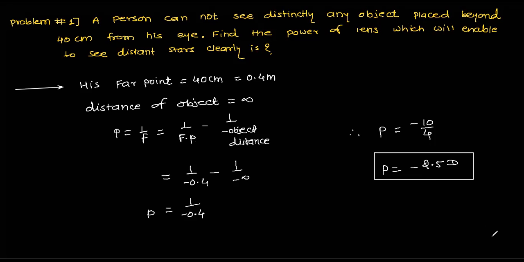Okay. Next one. So another problem. A far-sighted person cannot focus distinctly on objects closer than 1 meter.